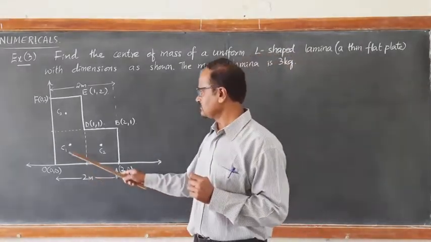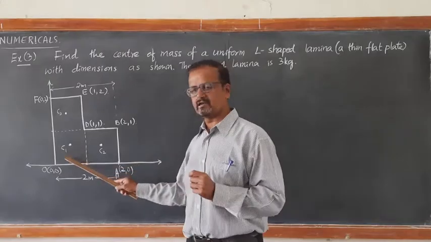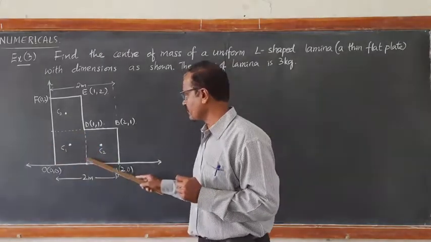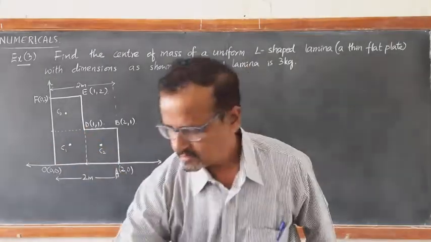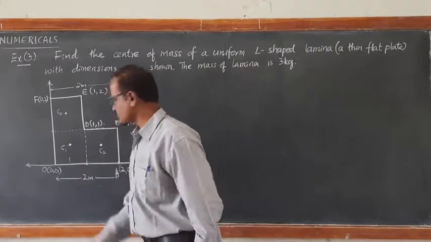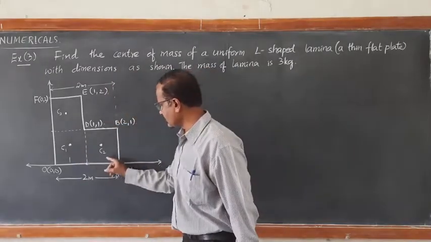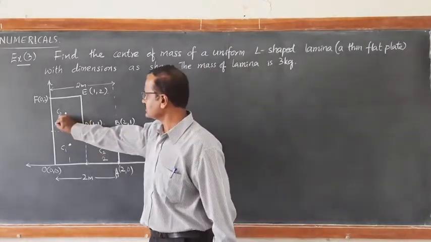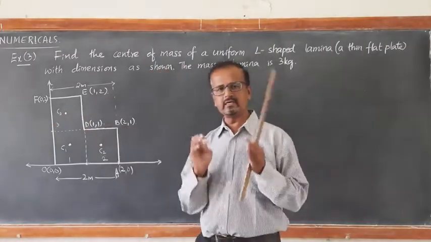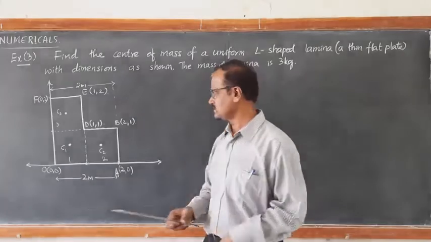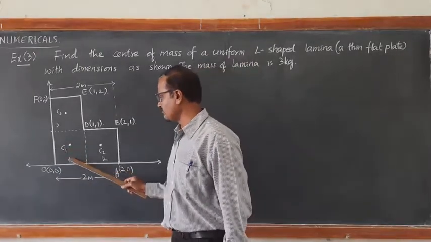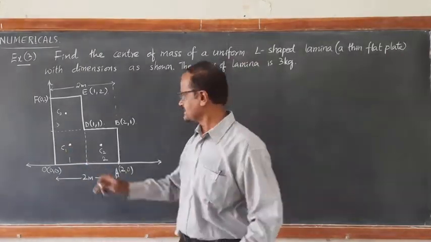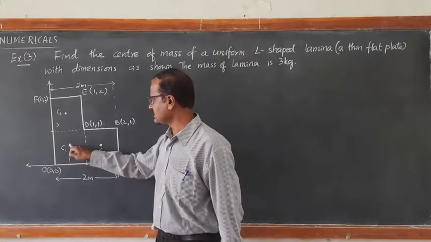Let us consider C1, the center of mass of the first square. We will call this part the first square, the second one the second square, and the upper one the third square. We will recognize them as 3 squares. The center of mass of the first square is exactly at the geometrical center.